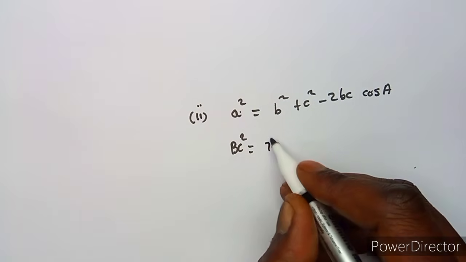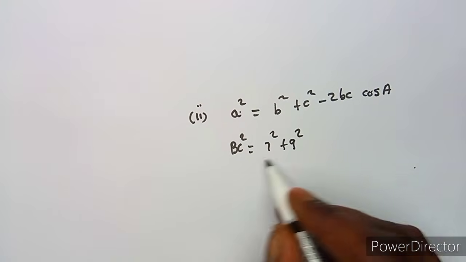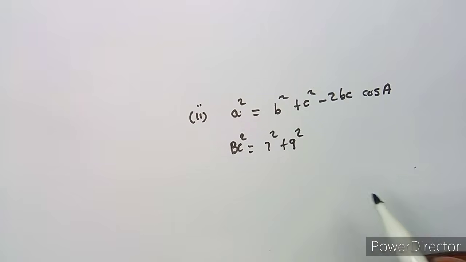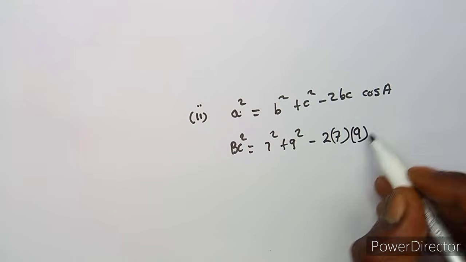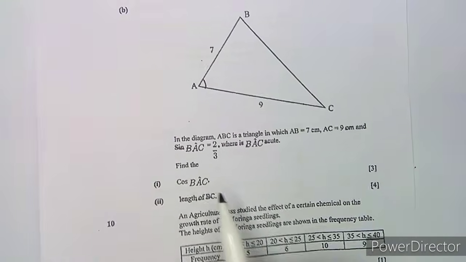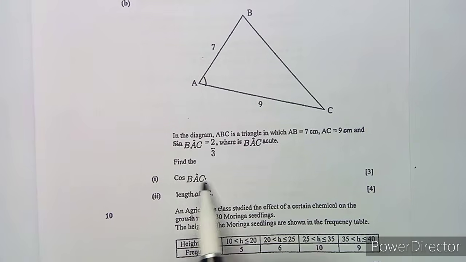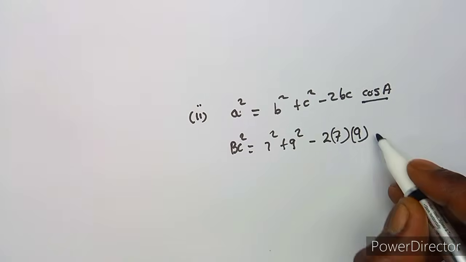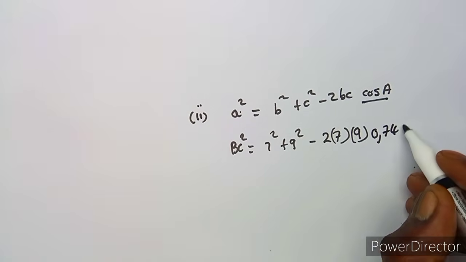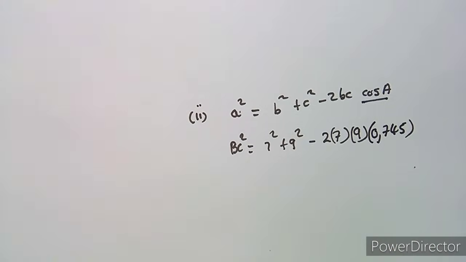So we've got 7 squared plus 9 squared, in any order, you can start with 7, you can start with 9, minus 2 times 7 times 9 times cos A. Cos A is the angle that you have already calculated, and we said it is 0.745. So this is the one that I'm going to use because already I calculated these.